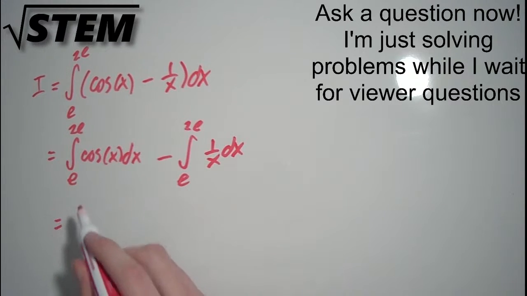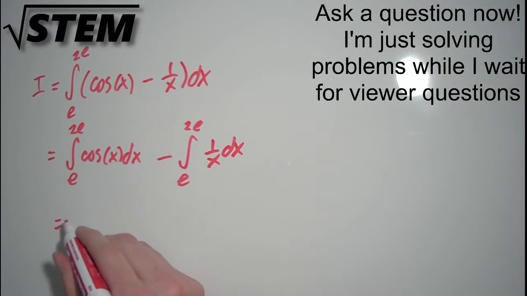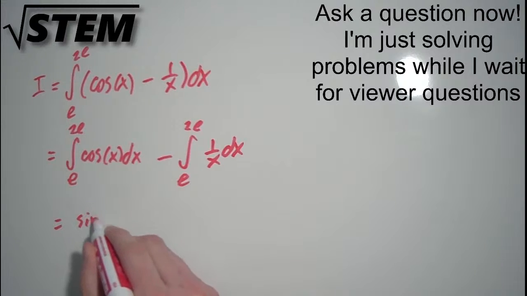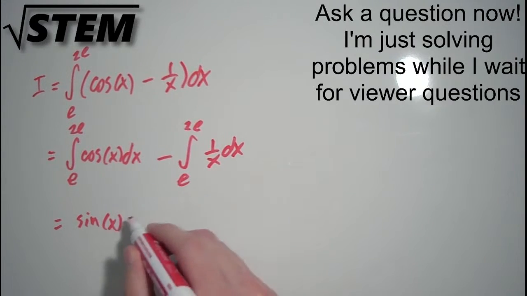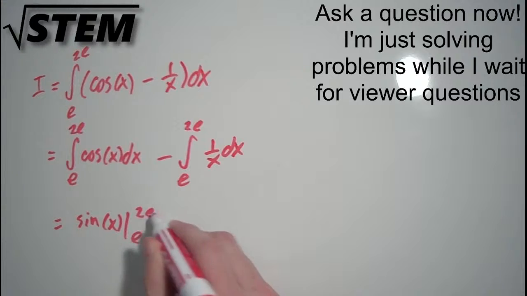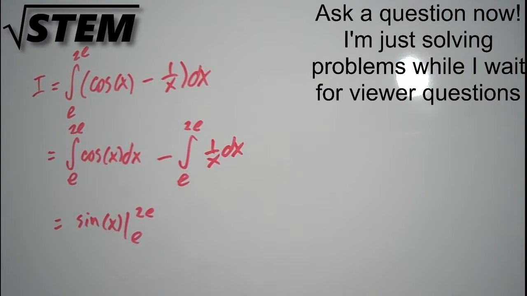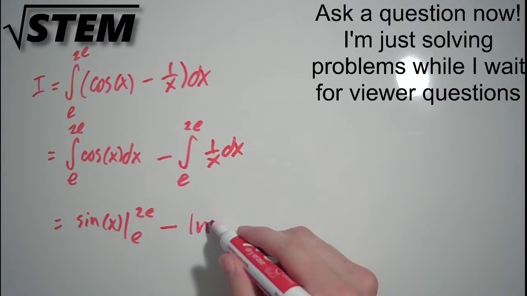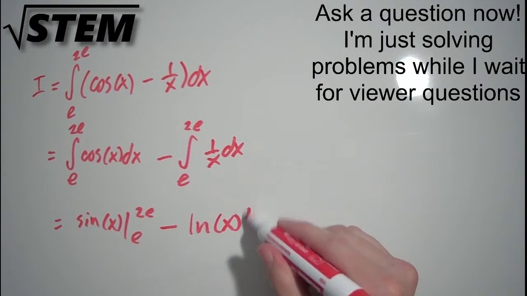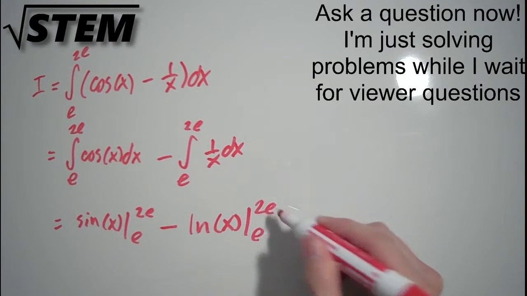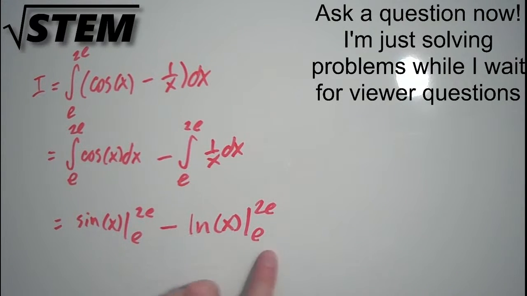Now if we derive to cosine, then we're going to integrate to sine of x from e to 2e, and the integral of 1 over x is always the natural log. That's the natural log of x from e to 2e. This is why I said it looked like it would be fun.